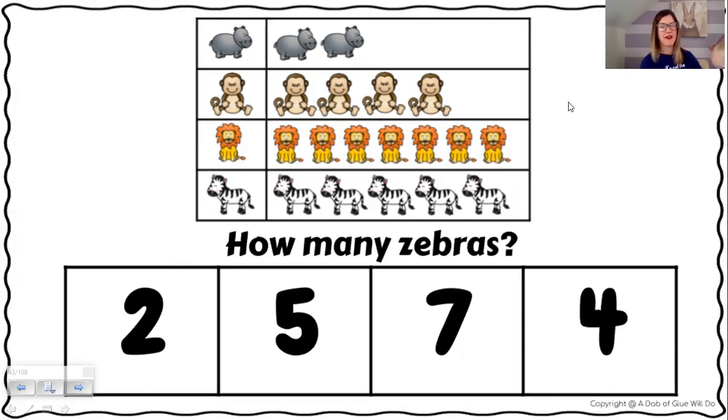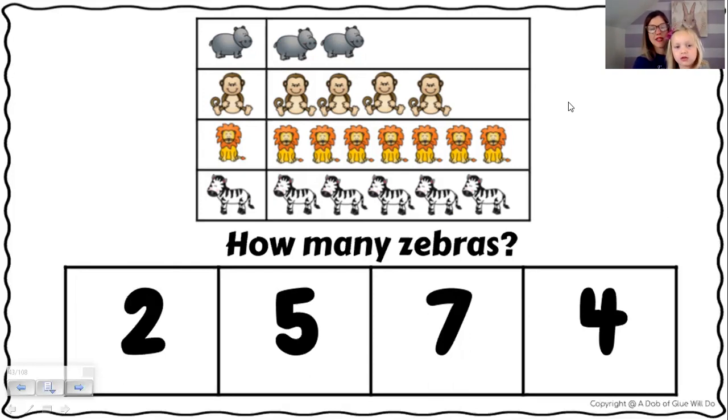Hi, Taylor. Hi. Okay, sit right in my lap. Now, Taylor, we're looking at a picture graph today. And the question says, how many zebras are there? So here's our zebra. I want you to count how many zebras there are. Can you tell us that number? Okay, so you're going to start right over here.